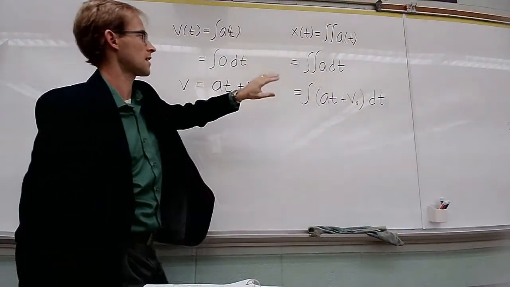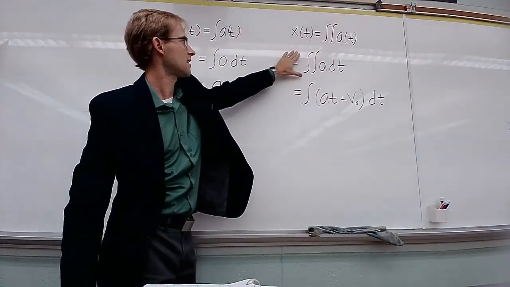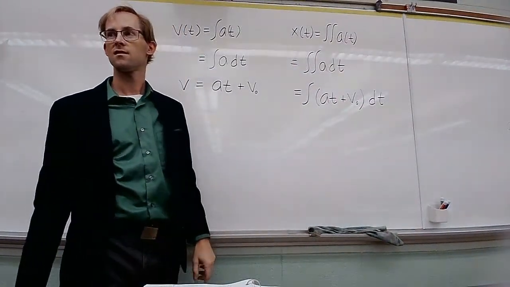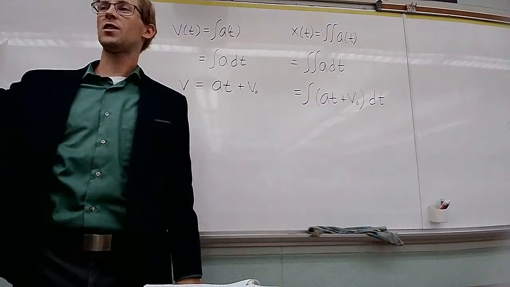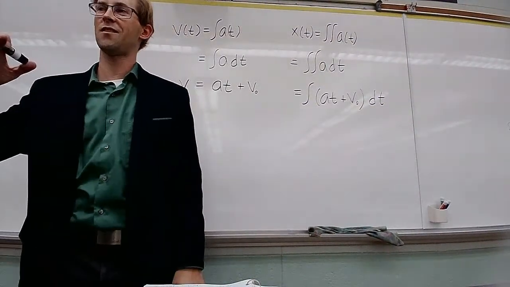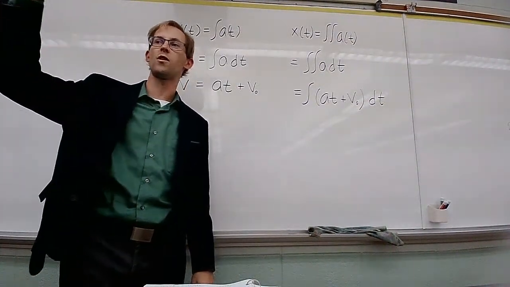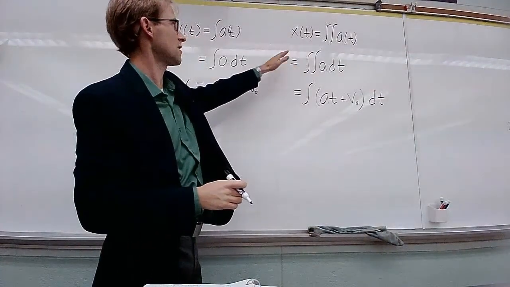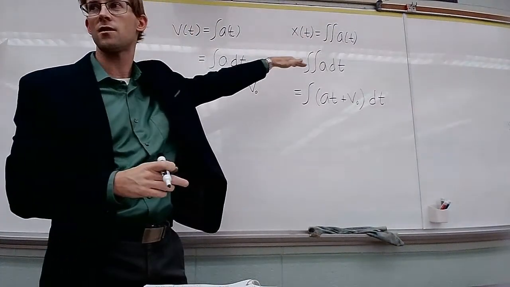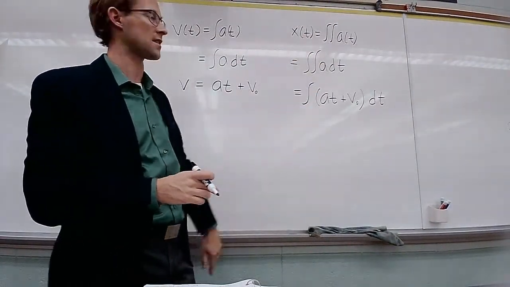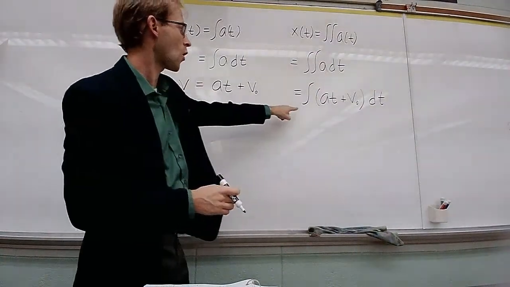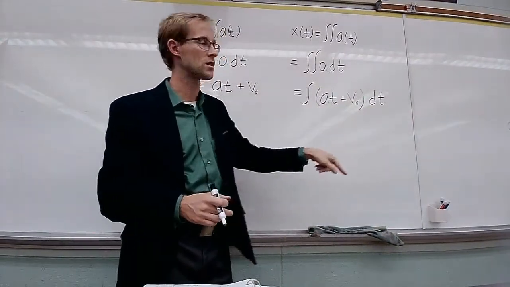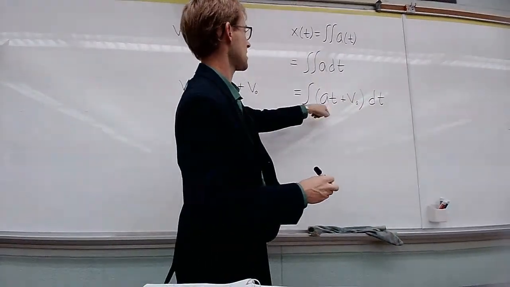In the same way that if you take a derivative, the double derivative is just taking the derivative once and then doing it again, for integrals, if you take the integral twice, you just take the integral of your answer from before. Because we did our first integral over here, we just got to do it again in order to get position.